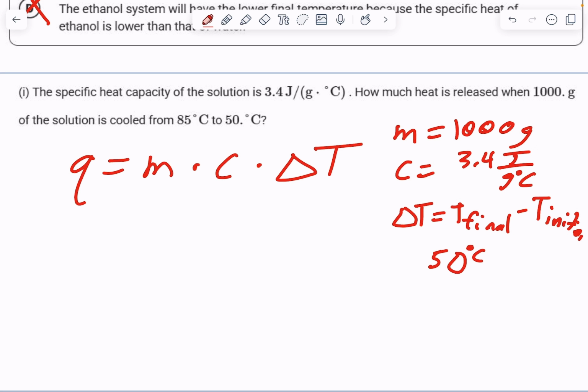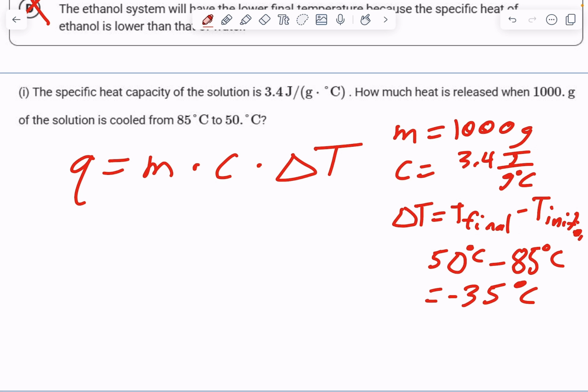It went from 85 to 50 degrees Celsius. So it is 50 minus 85. Don't get tripped up, it's negative 35 degrees Celsius, because that is final minus initial, and we get a negative number.